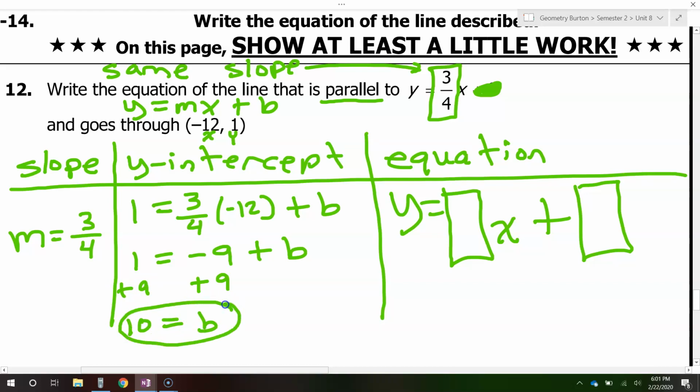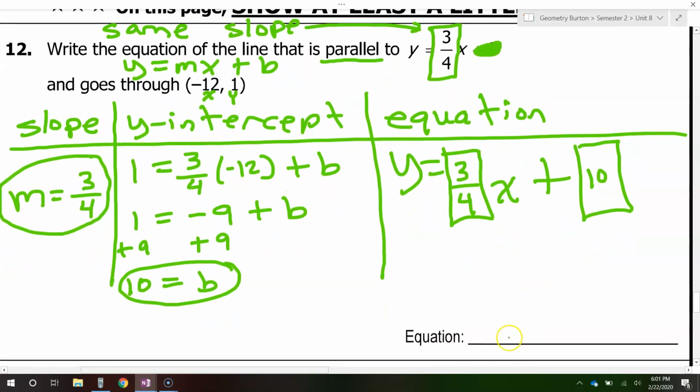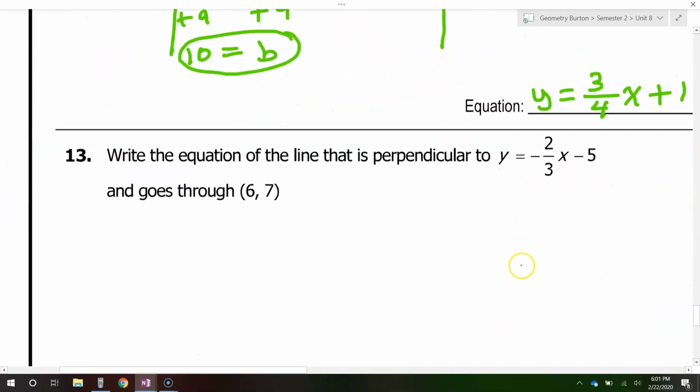So we now have the slope and the y-intercept. All right, the slope goes here, and the y-intercept goes here. Kabam! Moving on.